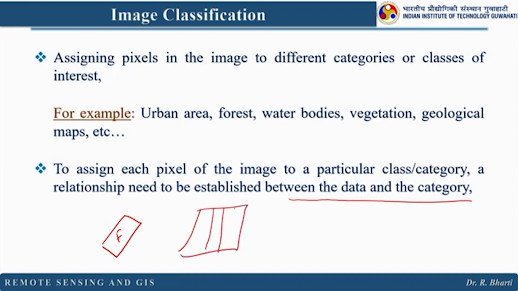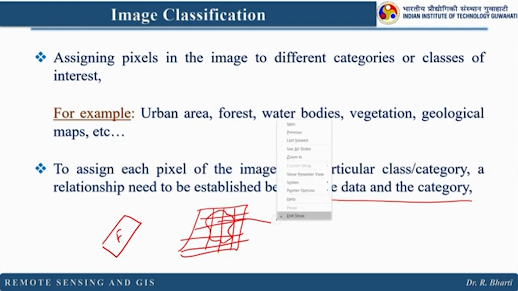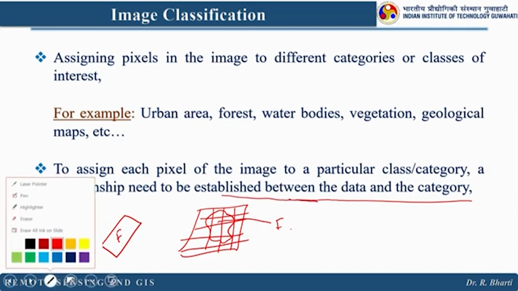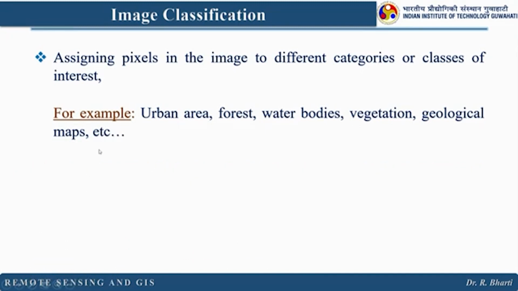Here you have DN values, right, and suppose this is the area of forest in this particular image. So you will have DN values corresponding to this particular class, right, and then you will establish a relationship, and that relationship will be used to assign each pixel of this image into different categories, right.